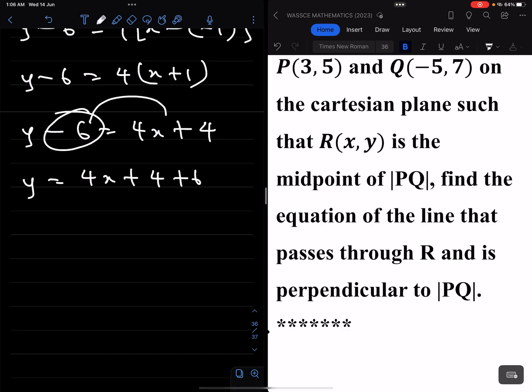When you take minus 6 to the right hand side, it becomes plus 6, and that means y equals 4x plus 10, and that's the equation of the line which passes through R with coordinates xy and is perpendicular to PQ.